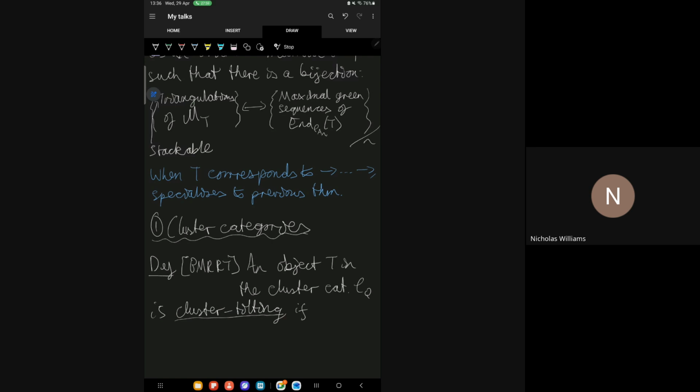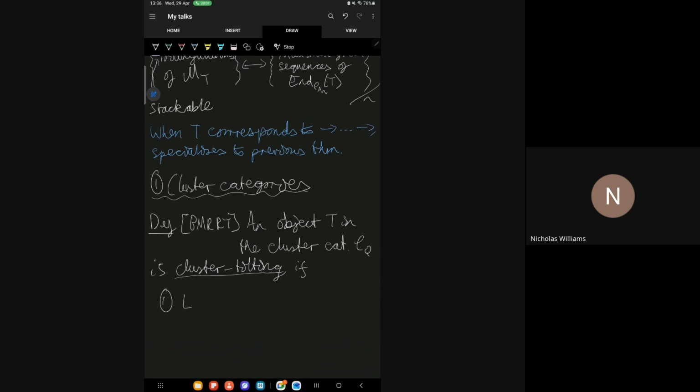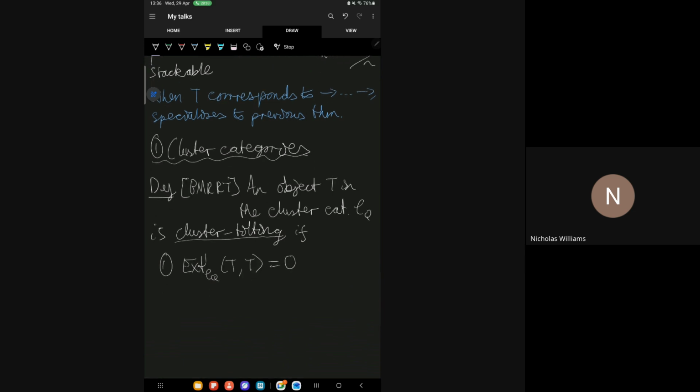if firstly Ext^1 between T and itself is 0. And secondly, if T has as many isomorphism classes of indecomposable summands as there are vertices of the quiver.